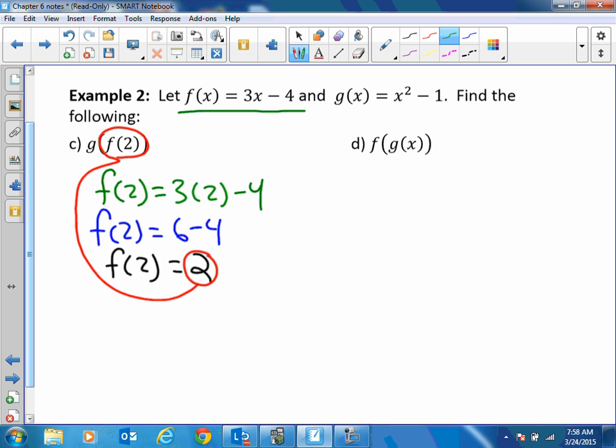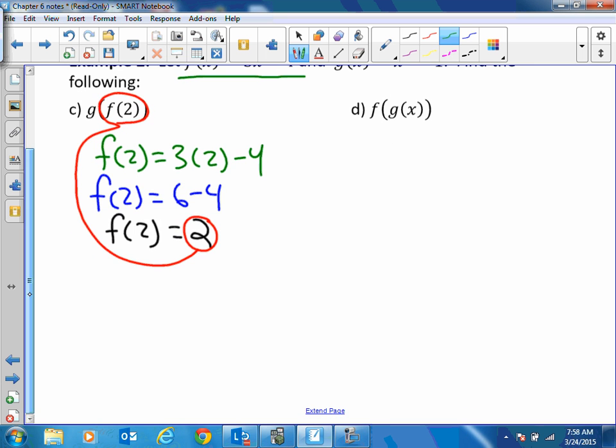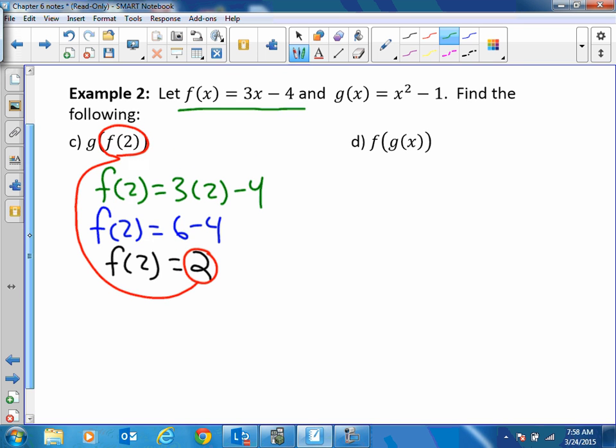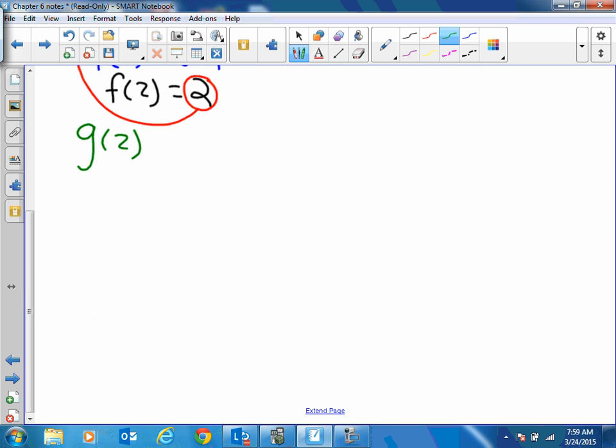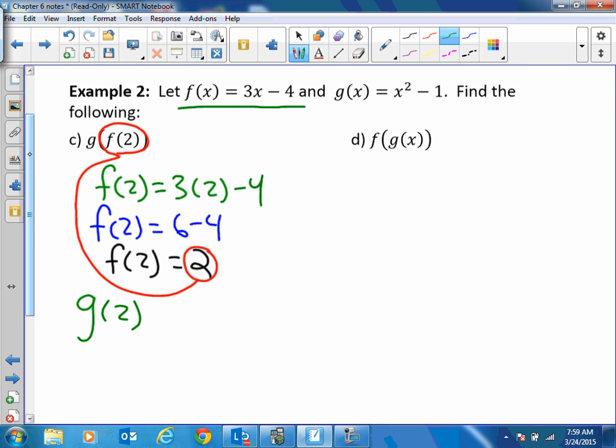So g of 2 would be 2 squared minus 1, because I'm plugging in 2 for x.